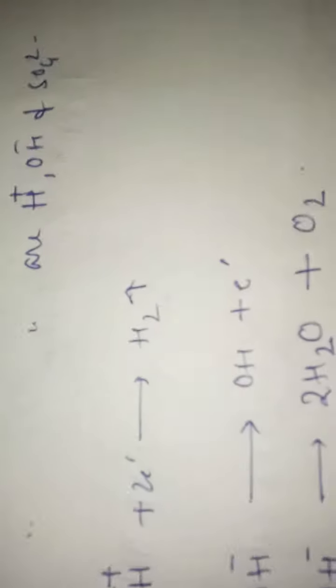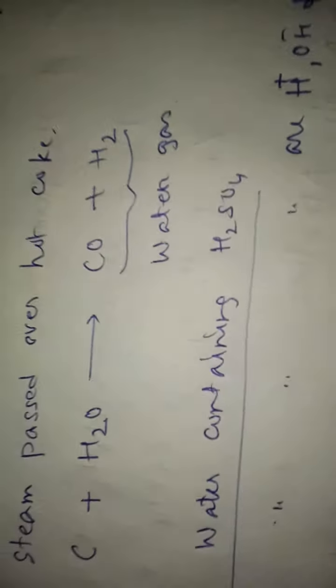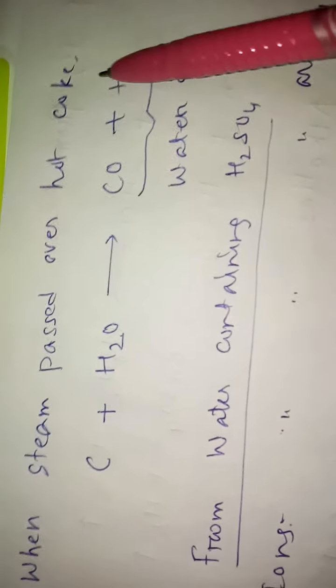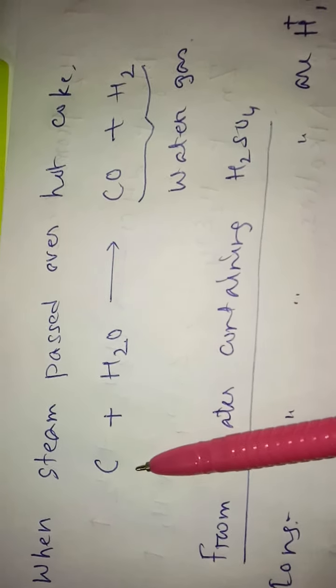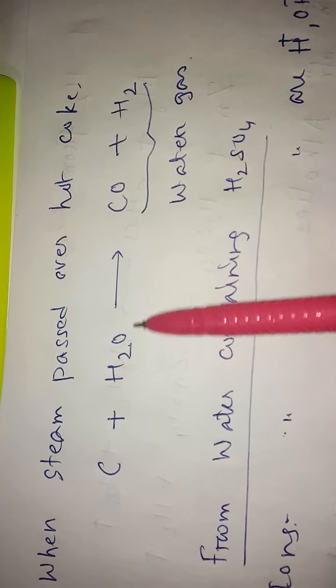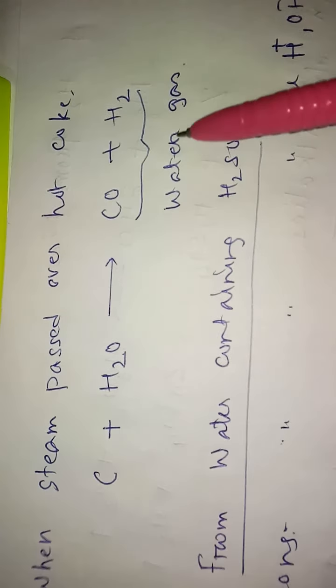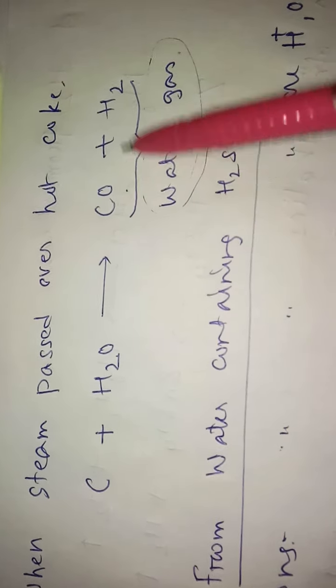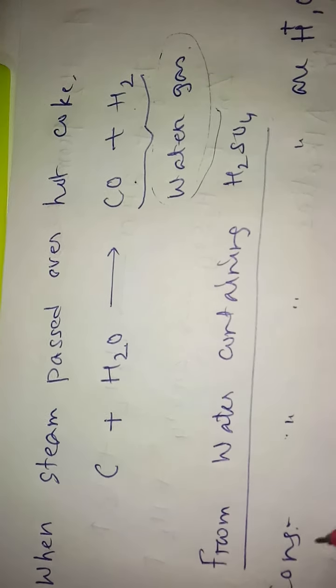The next one, when steam is passed over hot coke, coke reacts with the steam forming carbon monoxide and hydrogen. This mixture is called water gas. A mixture of carbon monoxide and hydrogen is called water gas.